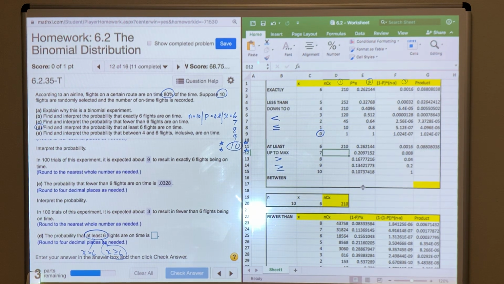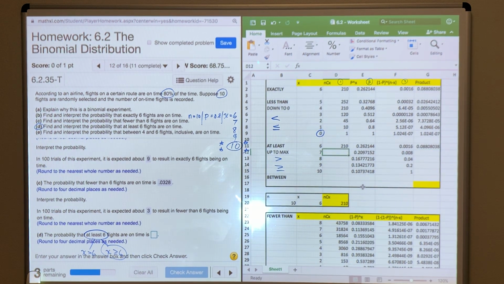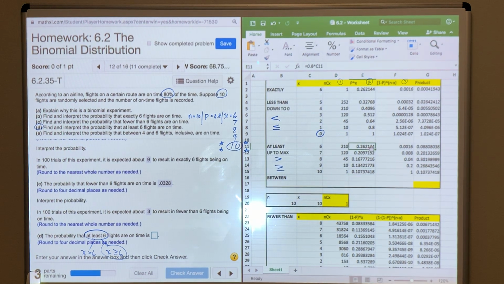Ready, here we go. So I'm gonna go calculate the rest of the nCx's. So 10C7 is 120. 10C8 is 45. 10C9, 10. And 10C10, you'll see what it is, it's always 1. Now, if I just drag this down, because I already calculated everything, there it is.